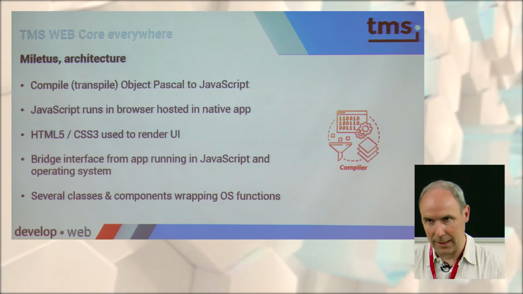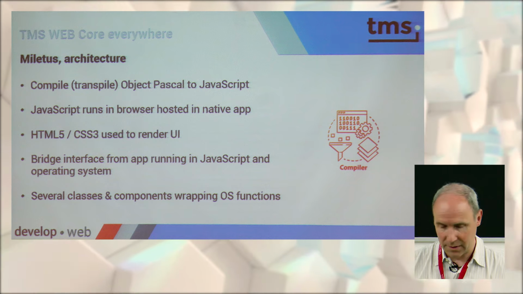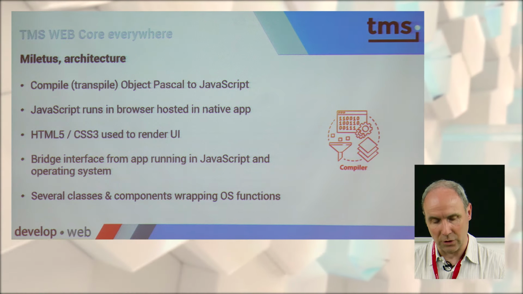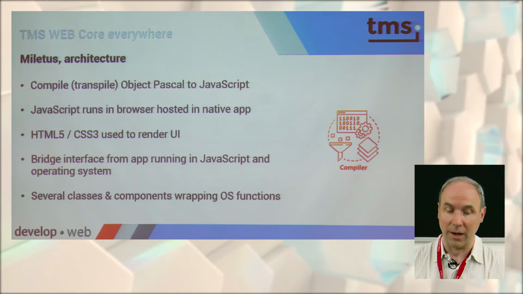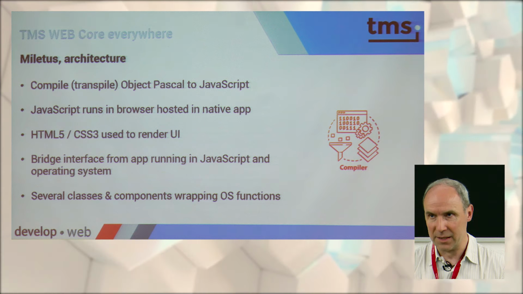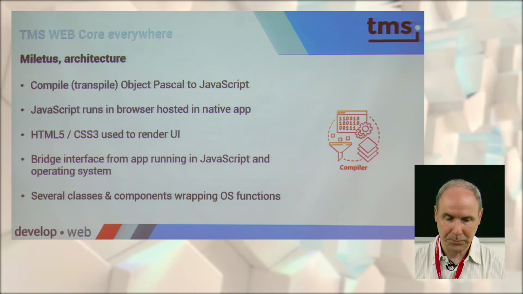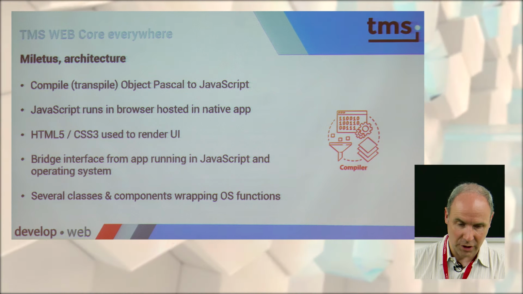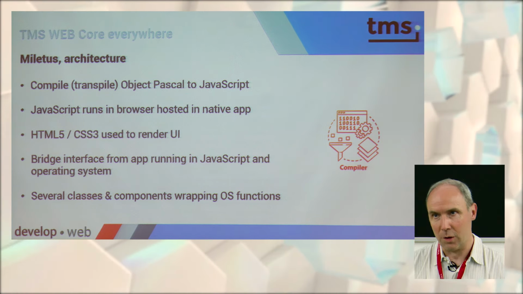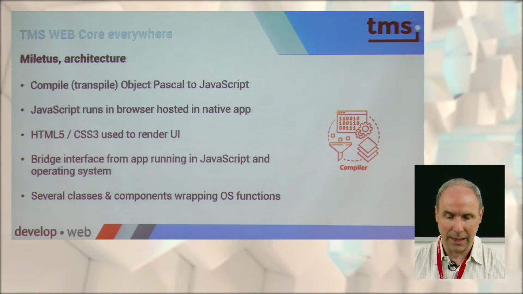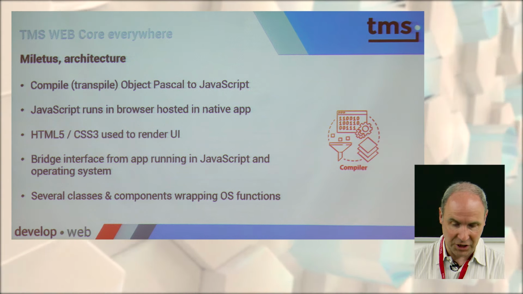The architecture is similar to what you can do with a WebCore Web Client. Still, it is based on Object Pascal. It runs in the browser engine, and as such, it means that we will compile Object Pascal to JavaScript, and it will run in a browser engine.